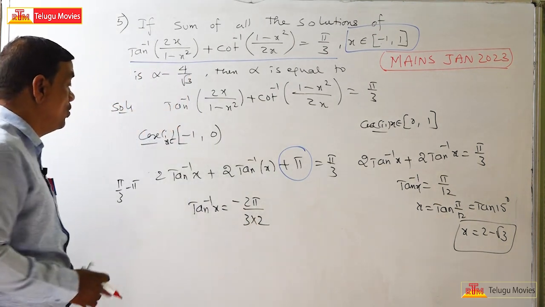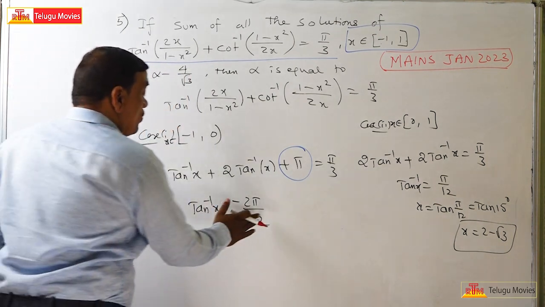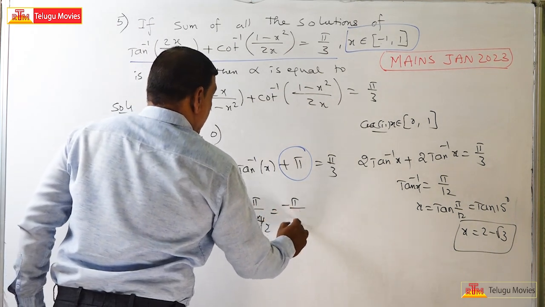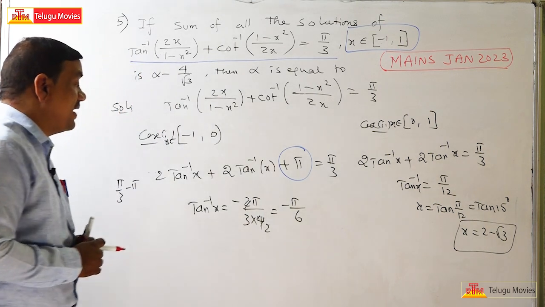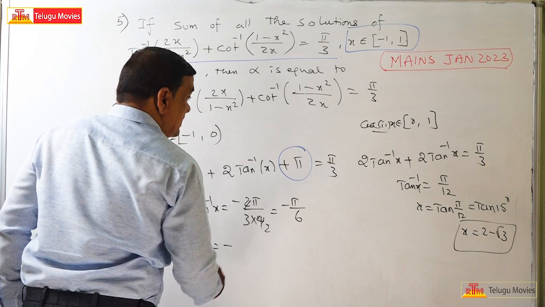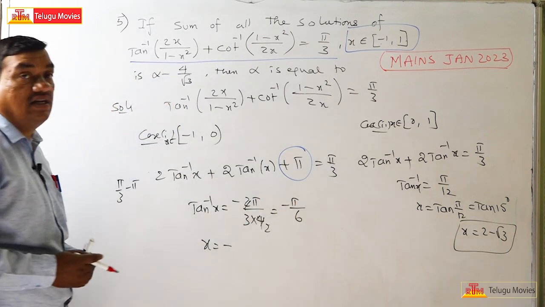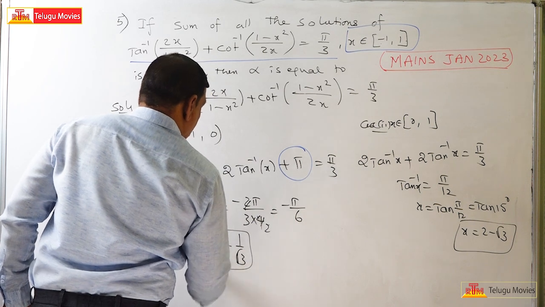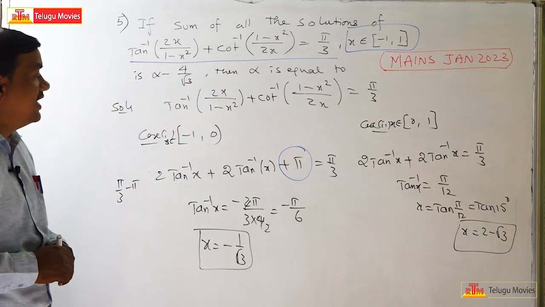Understand? 2 into 2, 4 will come. So it is minus pi by 6. Therefore x is equal to how much? Minus 30. Tan 30 means 1 by root 3. So this is minus 1 by root 3. This is another solution.